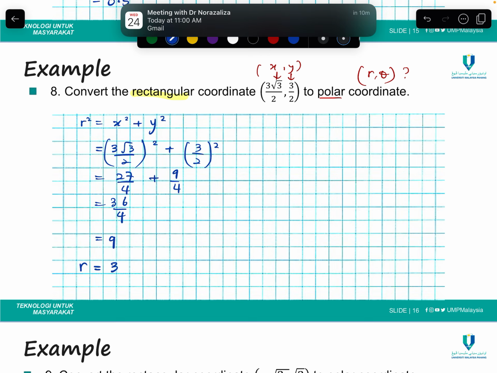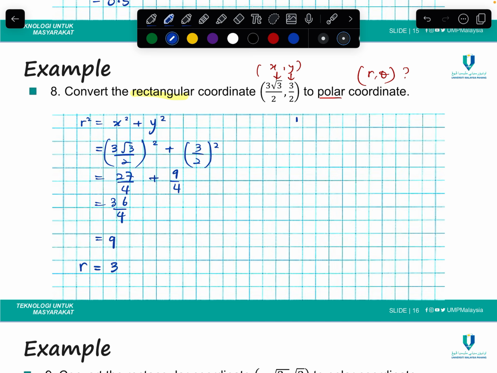Next, how to obtain theta? We will use the relationship tangent theta equal to y over x. So y is the value of 3 over 2, over x, which is 3 square root of 3 over 2. So you have to rearrange this fraction and simplify.